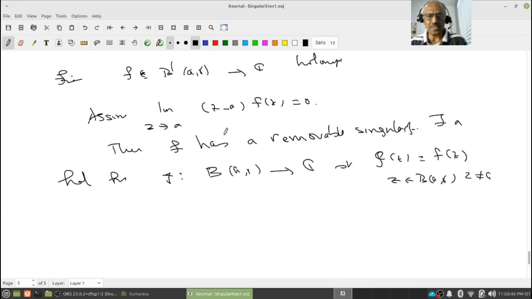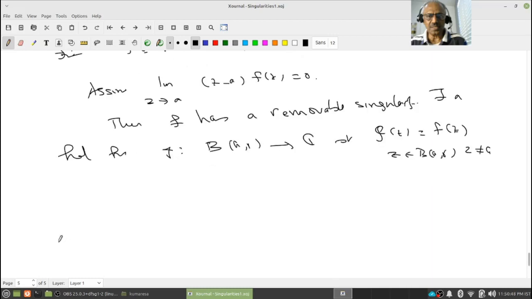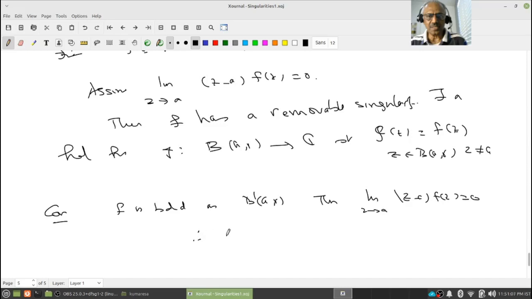Notice when can it happen? For example, as a corollary, suppose f is bounded on B'(a, r), then limit z tends to a of (z minus a) times f of z is 0, obviously, and therefore z equal to a is a removable singularity of f.